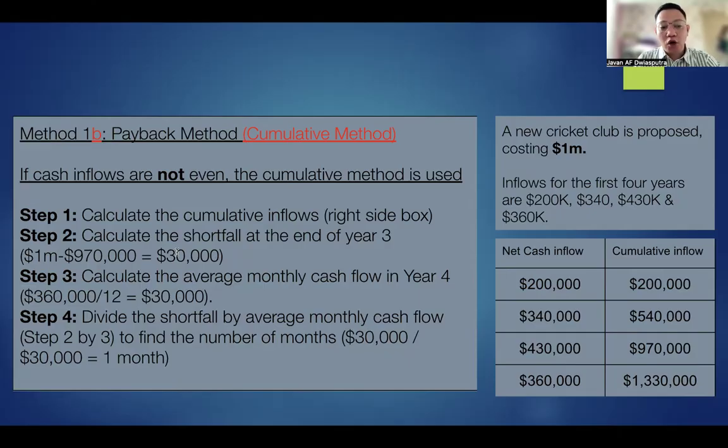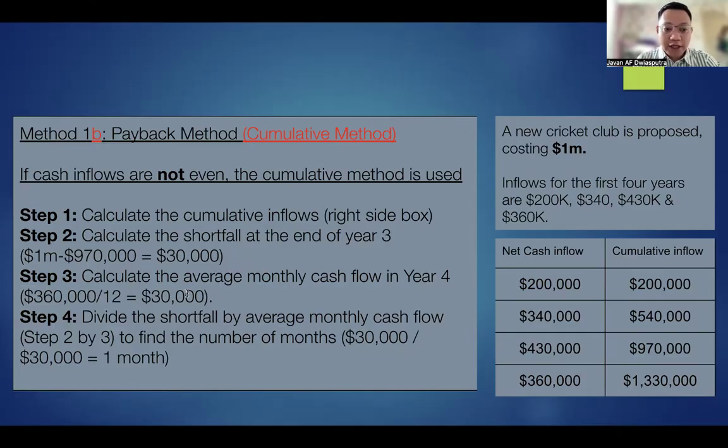This means the project has not yet paid back by the end of year 3. So we now calculate $1 million minus $970,000, which gives $30,000. This means the business still needs $30,000 to recover the initial investment. In the fourth year, the expected cash inflow is $360,000.